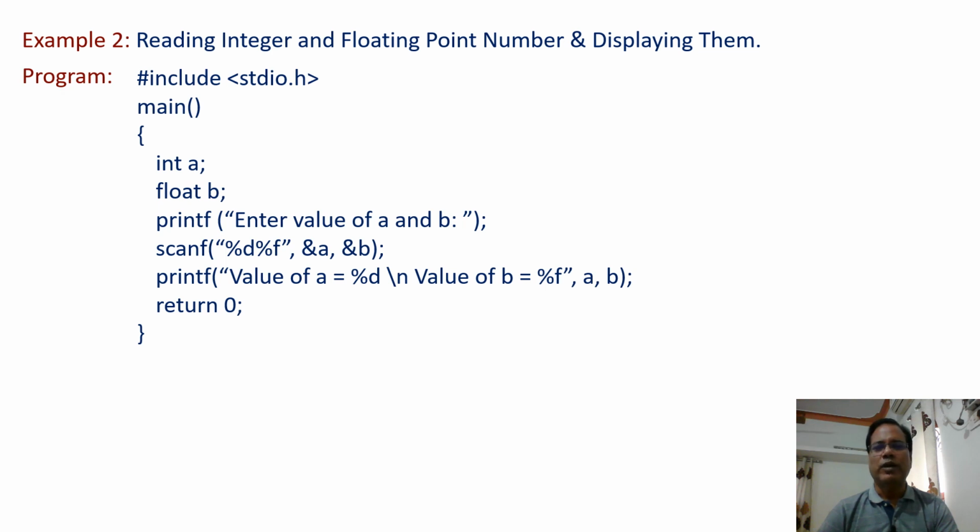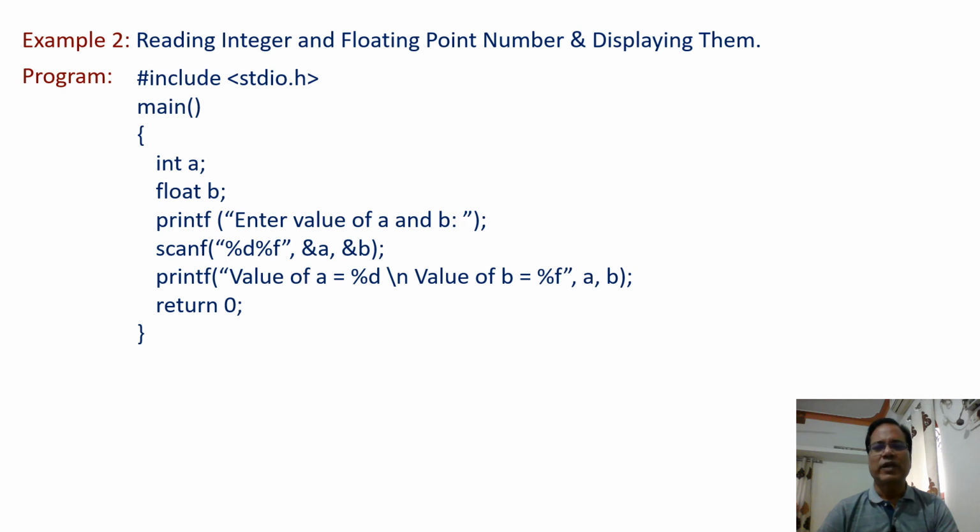Again in this program also we have to print a message because when the scanf function is run, the program waits for the data. So we have to print a message on the output screen about what is required by the program.